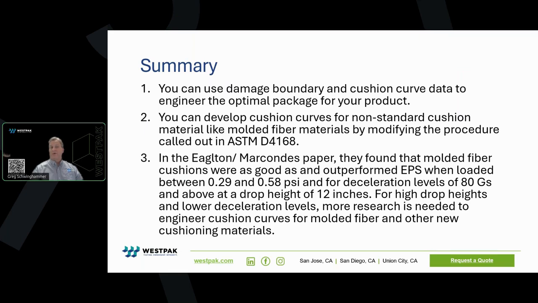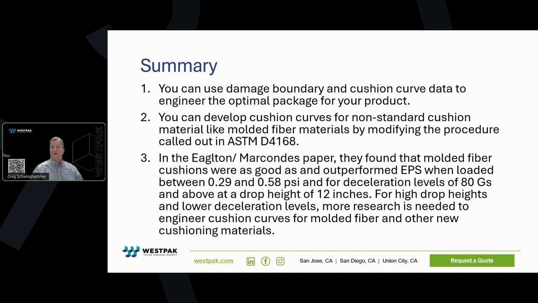You can develop cushion curves for non-standard cushioning materials like molded fiber materials by modifying the procedure called out in ASTM D4168. And in the Eagleton Marcondes paper, they found that molded fiber cushions were as good, if not better, than EPS when loaded between 0.29 and 0.58 psi, and for deceleration levels above 80 Gs for a drop height of 12 inches.